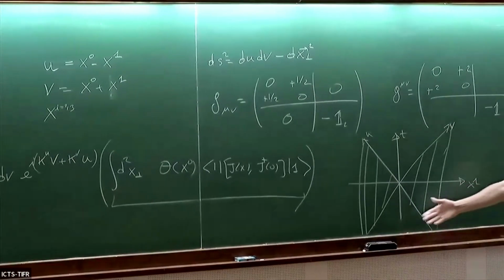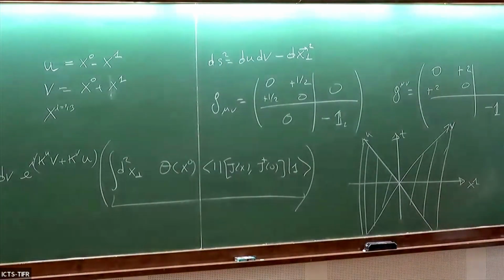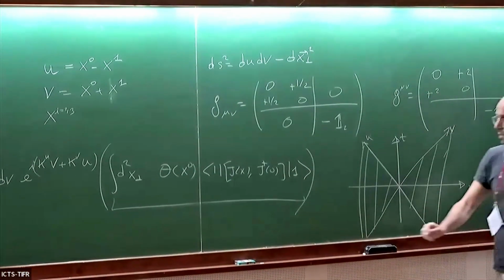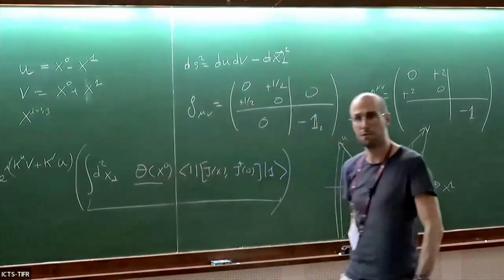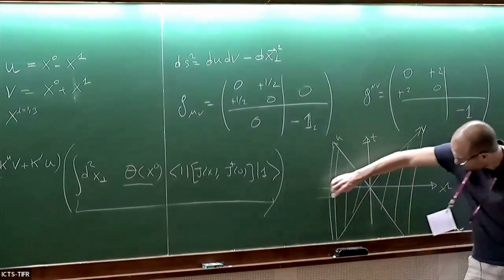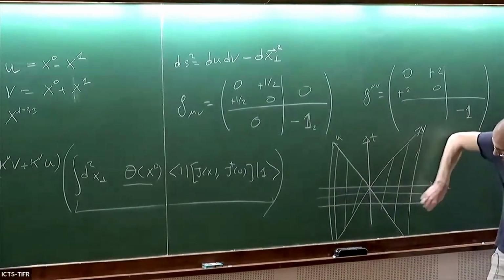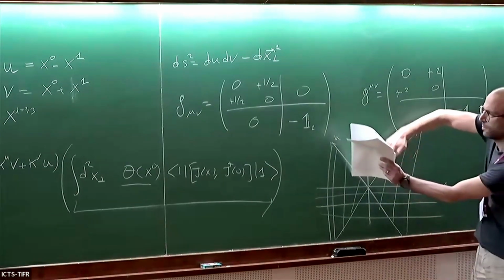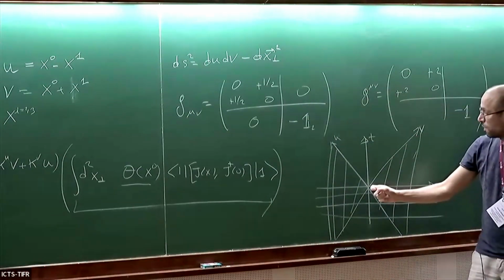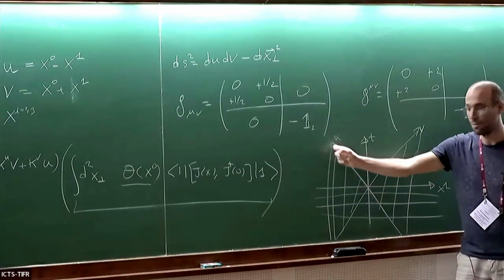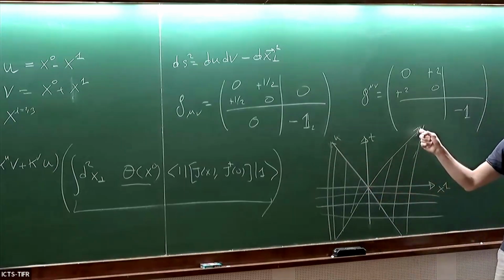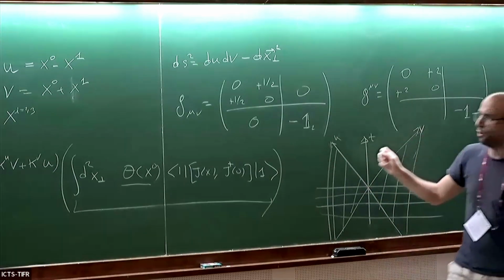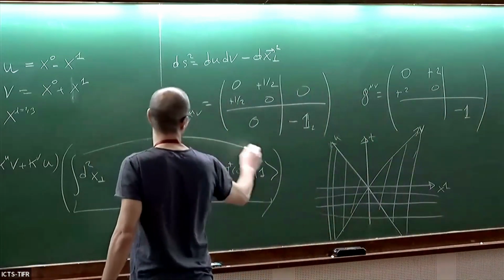But in principle it has support in the past light cone, except that now there is a step function in front that kills the past. So it has support only in this quadrant, which is a half line for U and a half line for V, both in the positive region. So all these things here are support.